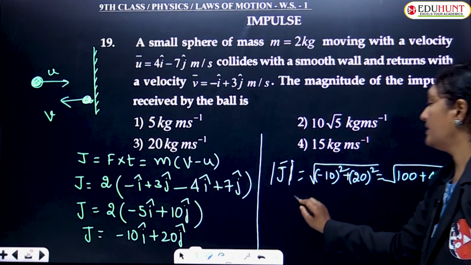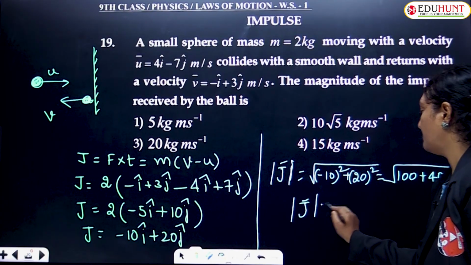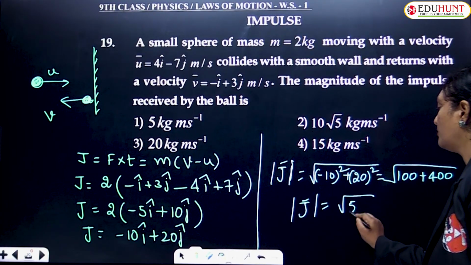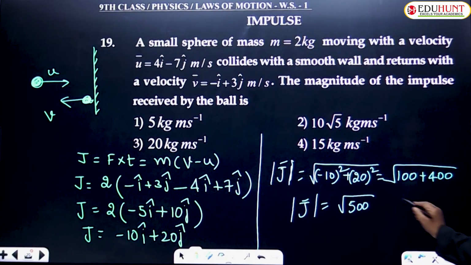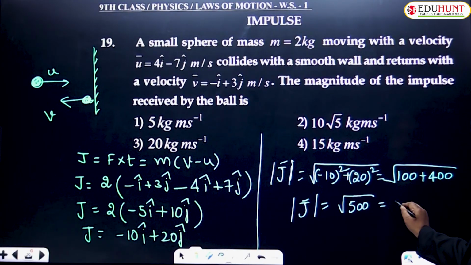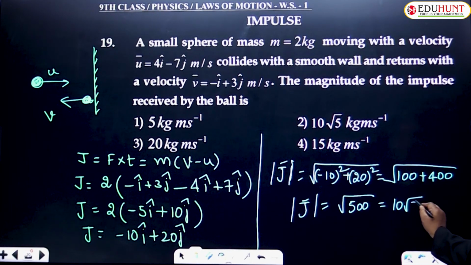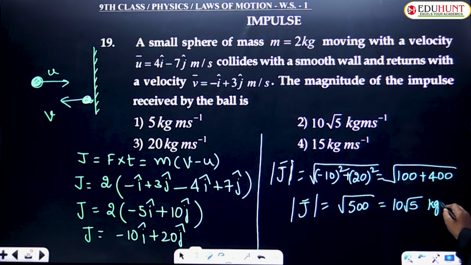Hence the magnitude of the impulse is root over 500. This can be written as 5 into 100, root 5 keeping aside, and root over 100 can be written as 10. So 10 root 5 kg meter per second is your final answer.